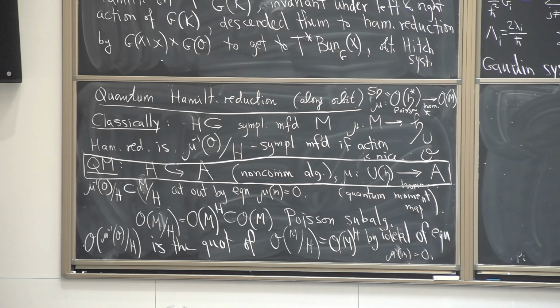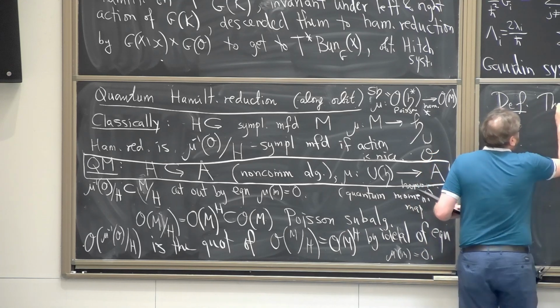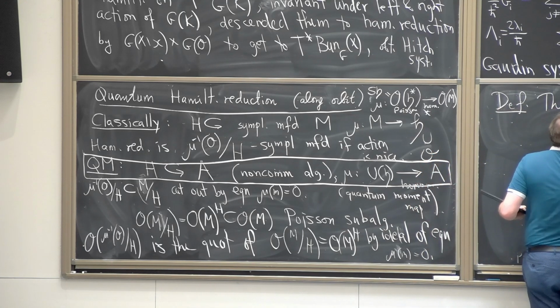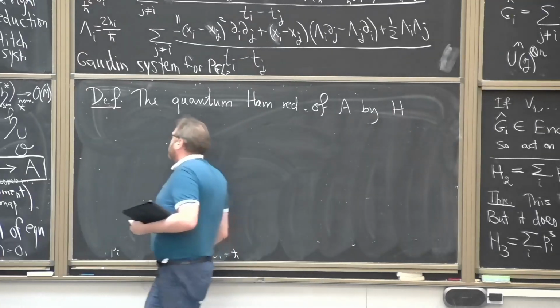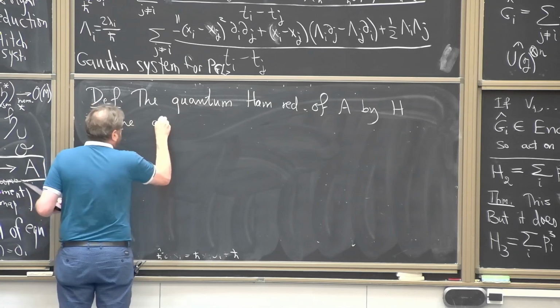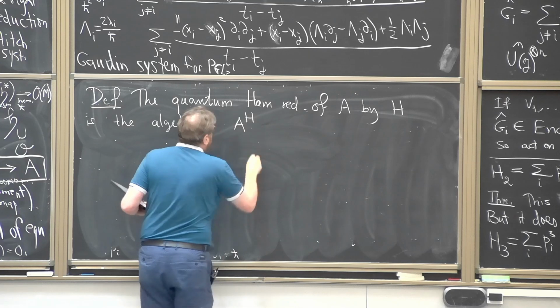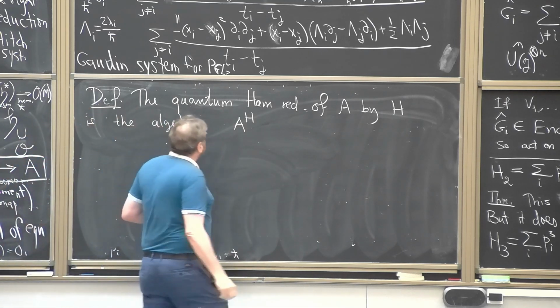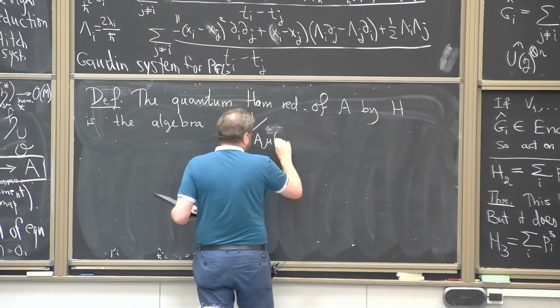So, definition. The quantum Hamiltonian reduction of A by H is the algebra of H invariants in A modulo H invariants in A times mu of the Lie algebra.